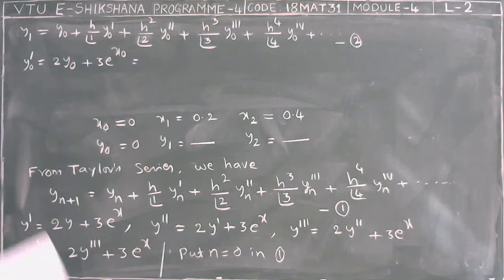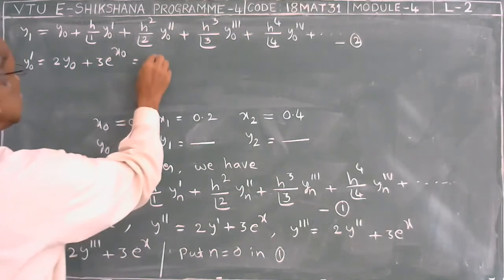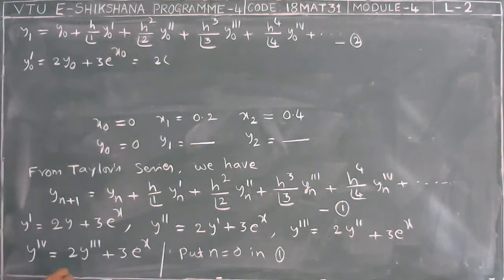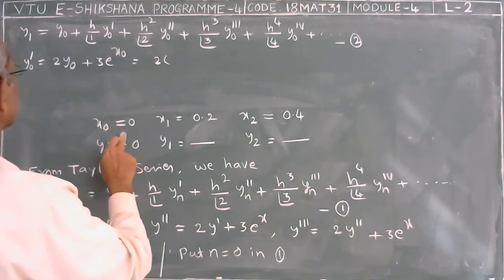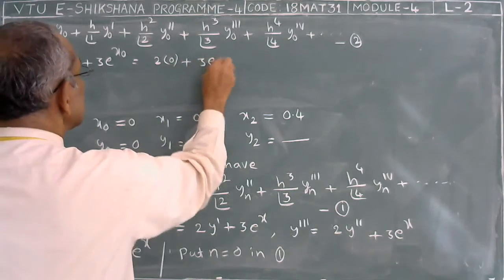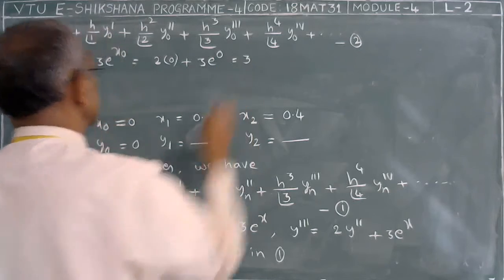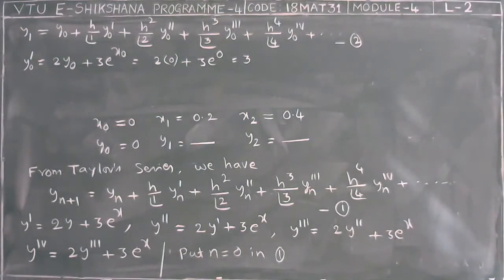Here x naught is 0 and y naught is also 0, so 2 into 0 plus 3 into e power 0. This is equal to 3.